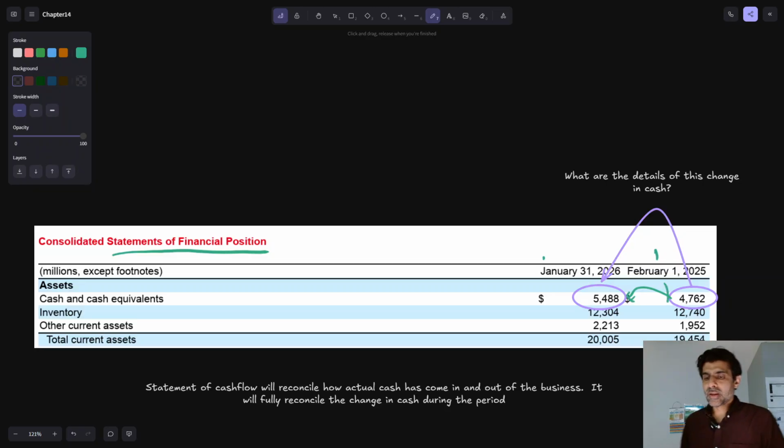What the statement of cash flow is essentially going to do is reconcile this change in cash from one period to another. We have a bunch of cash going in and a bunch of cash going out, and we're going to bifurcate that into these sections. At the end, you'll see the exact amount of cash that changed in the period, going from this beginning balance to ending balance. You'll see that on the statement of cash flow.